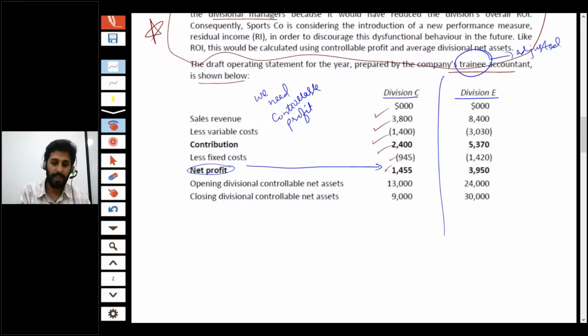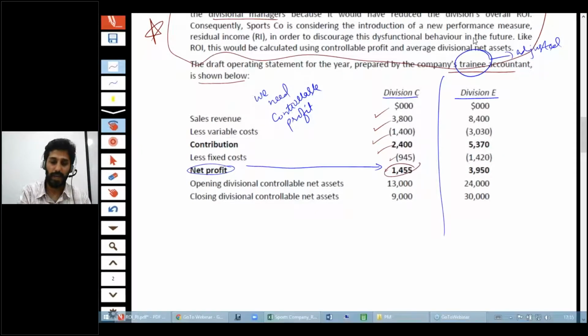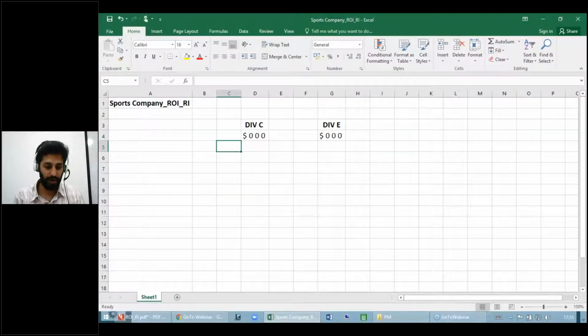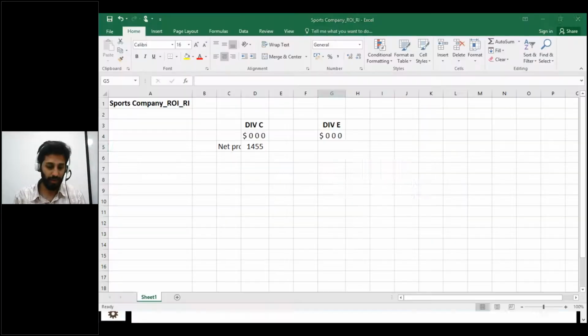I'm writing the net profit figure because I have to adjust these figures. The uncontrollable costs are deducted. I should not be burdened for that uncontrollable cost. So the net profit I am writing over here is 1455, and here it is 3950.